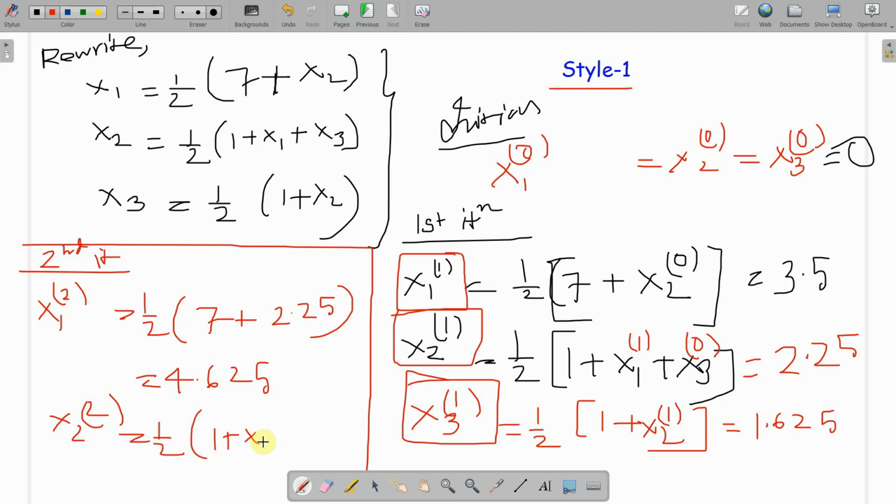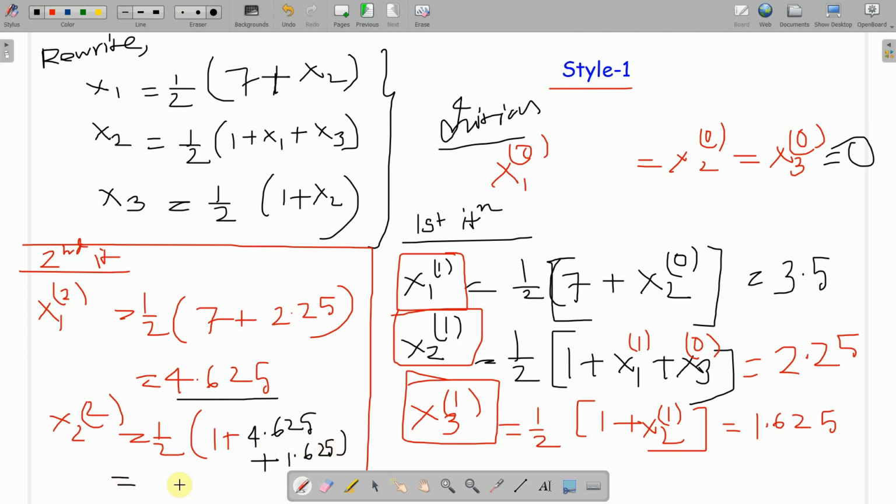So x1 value will be how much? x1 value is 3.5, sorry, the latest value of x1 would be 4.625, so I'll be putting that here, 4.625 plus again 1.625.